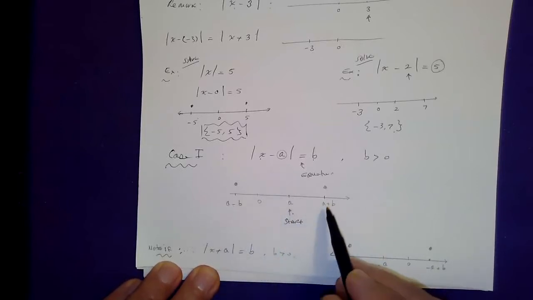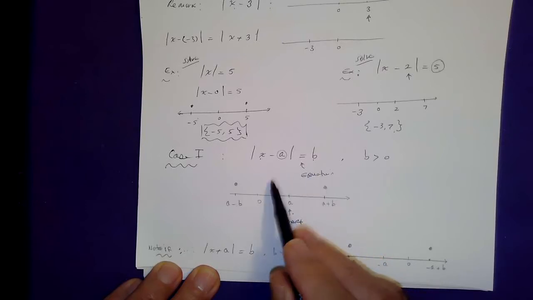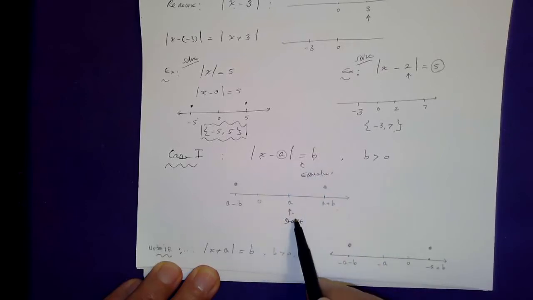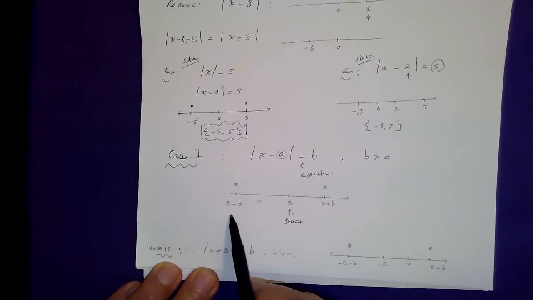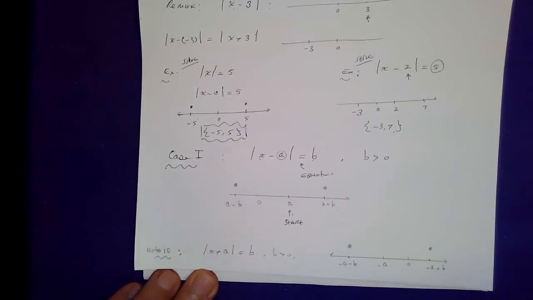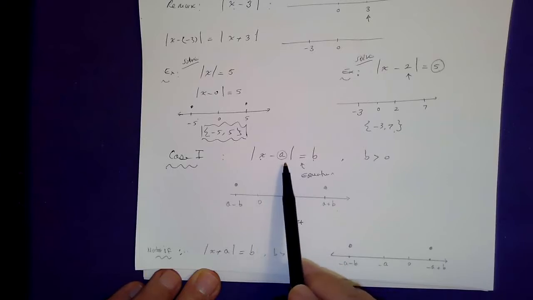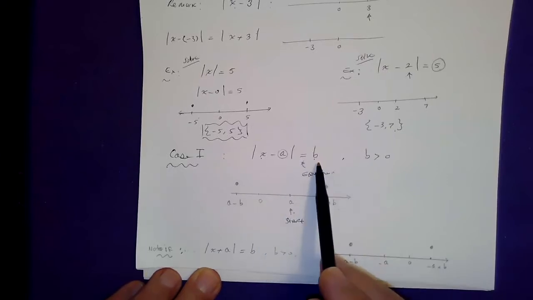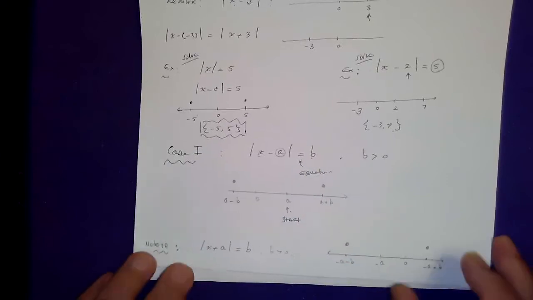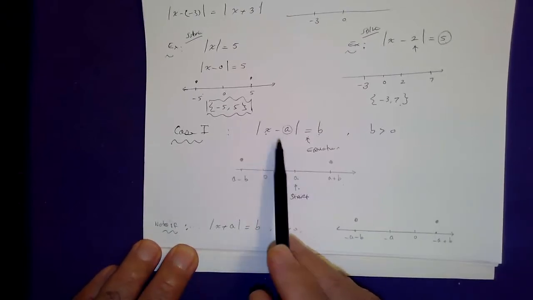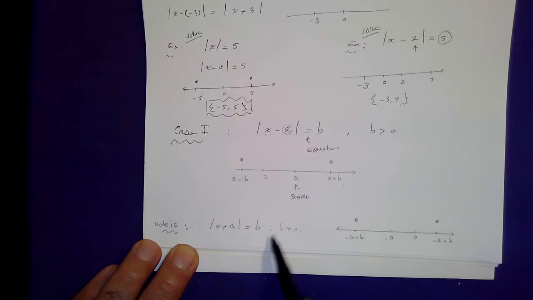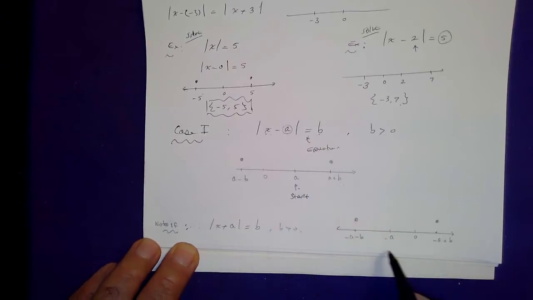So that would be the same as adding b to a on the right side of a and subtracting b from a on the left side. So that would be the case where you have an equation and the number on the right side is positive. But the question is, what if you have a plus sign between x and a, and b is still positive? In that case, your starting point, remember, is -a, not positive a. Why?